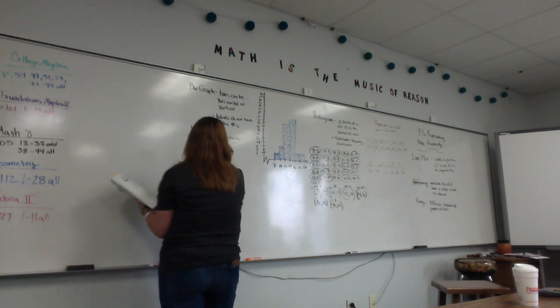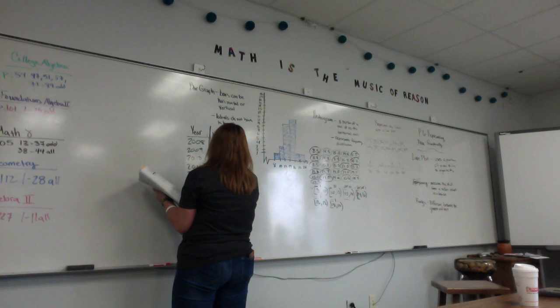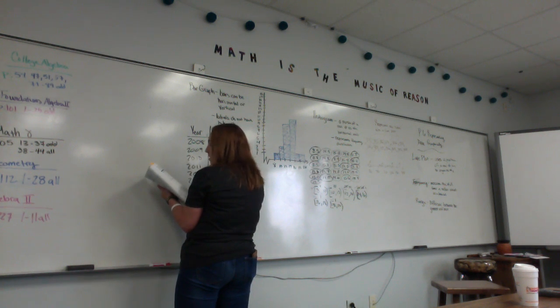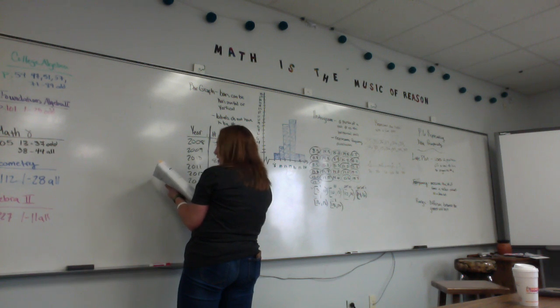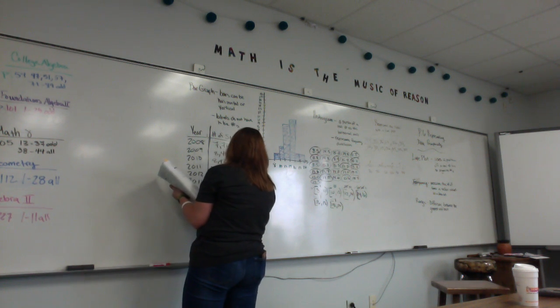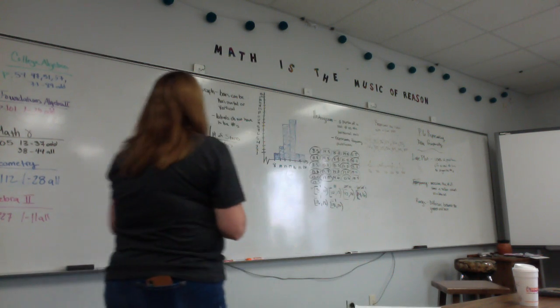And the numbers are 7,720, 8,416, 8,970, 10,130, 10,773, and 10,942. Okay? So that's your data.